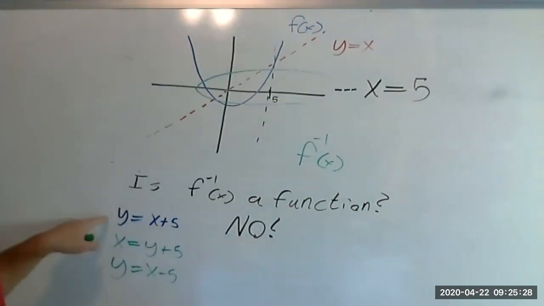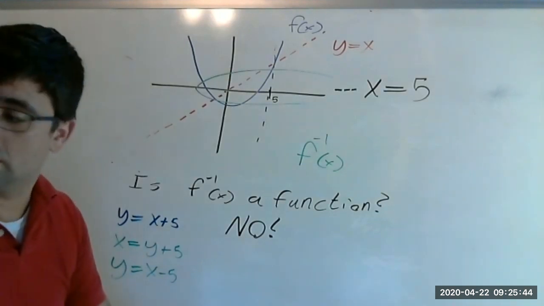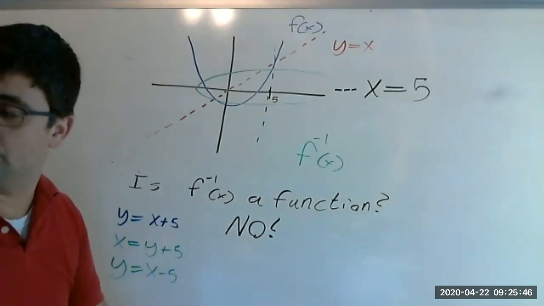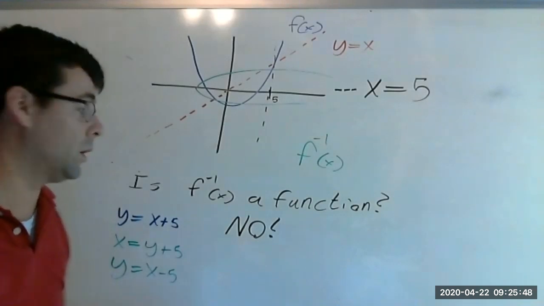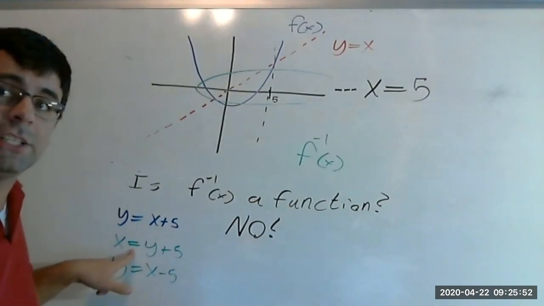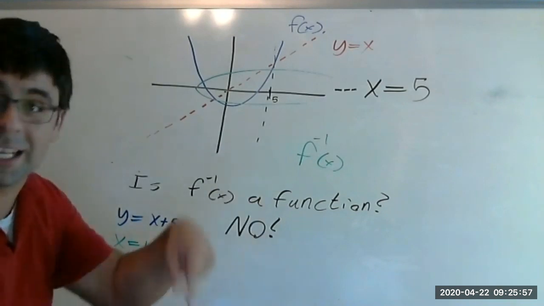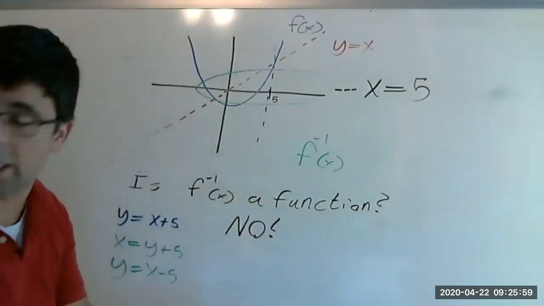What did I do to this thing to make it this thing? What happened was that you switched the x and y positions, and you also switched the operation. Well, going from here to here, I didn't switch the operation or anything yet. I just replaced all of the y's with an x and the x with a y.